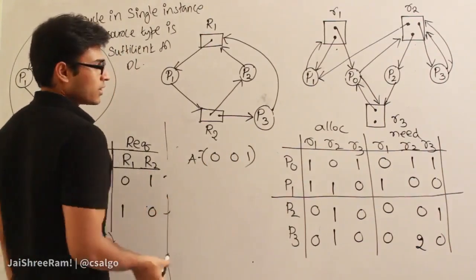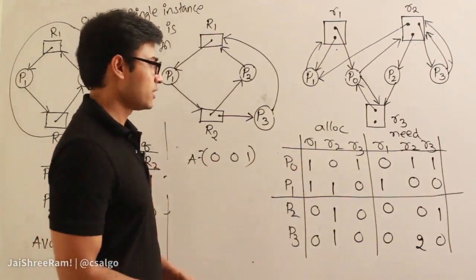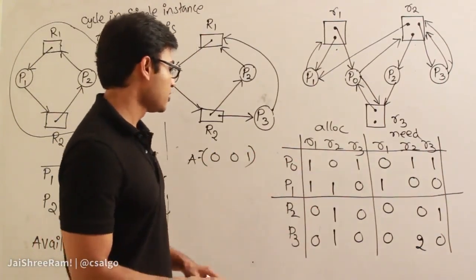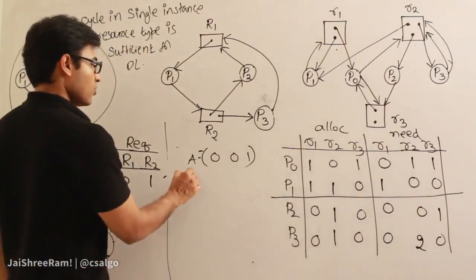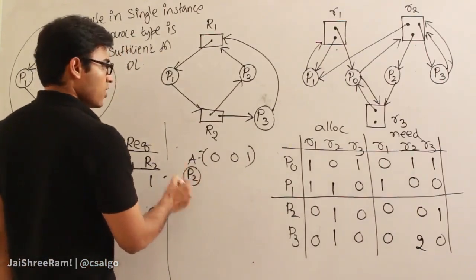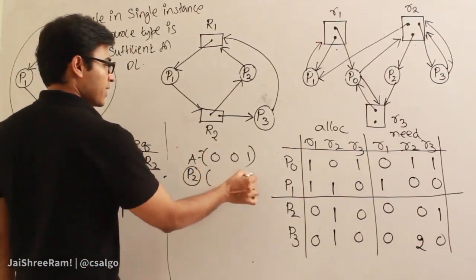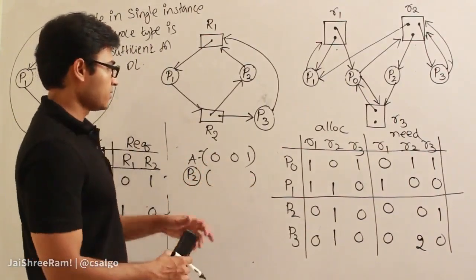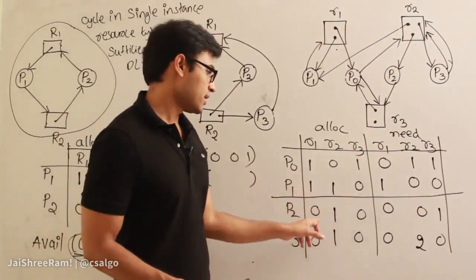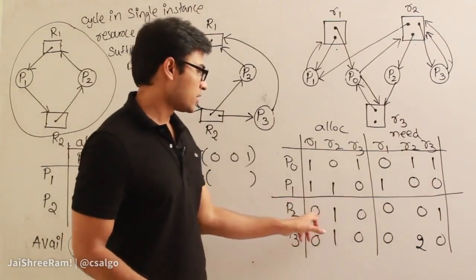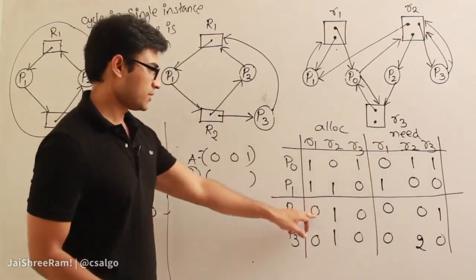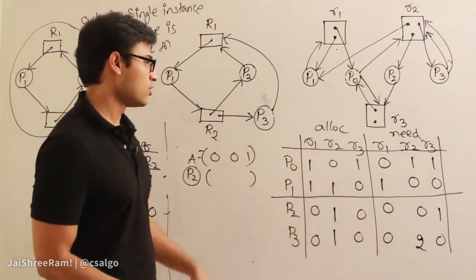Now with this availability, can you satisfy the need of anyone? Yes. It turns out that P2 can be satisfied. Therefore if P2 is satisfied, what gets added back? If you satisfy the need of P2, then P2 is going to release 0 1 0, which is what P2 is already holding.